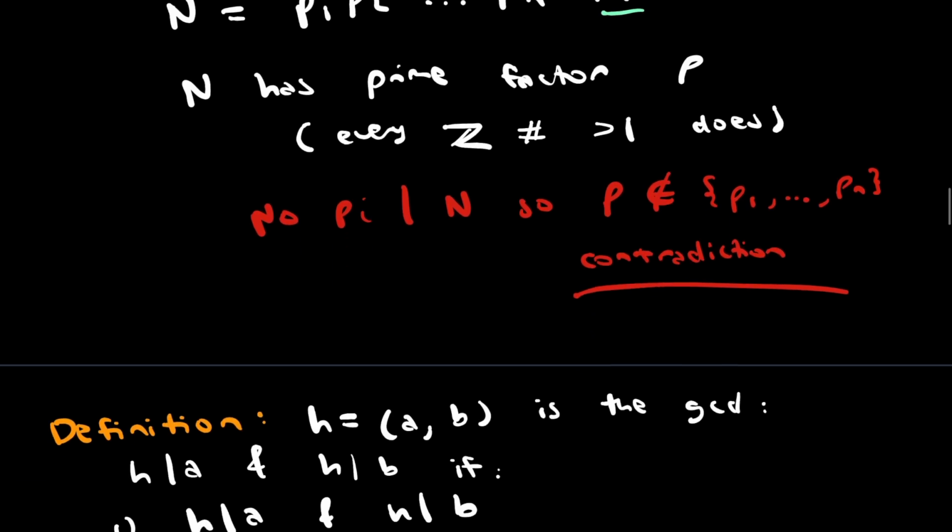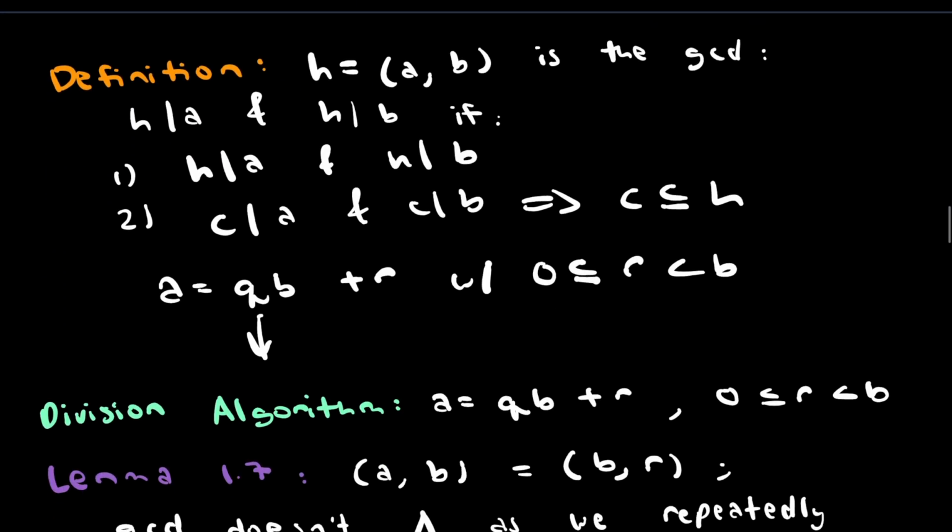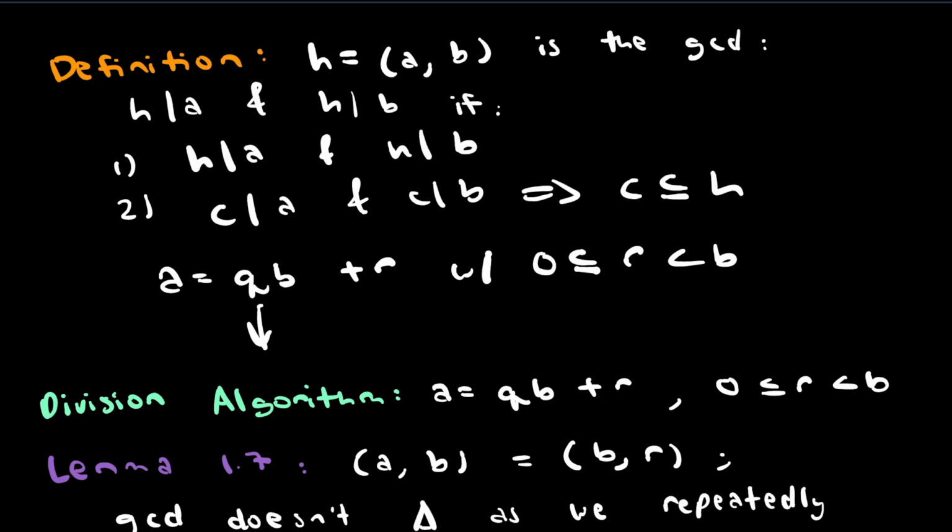Now we're going to be looking at the greatest common divisor. Basically, the definition is: the greatest common divisor of two numbers a and b, we'll say is h, is the largest integer dividing both a and b.